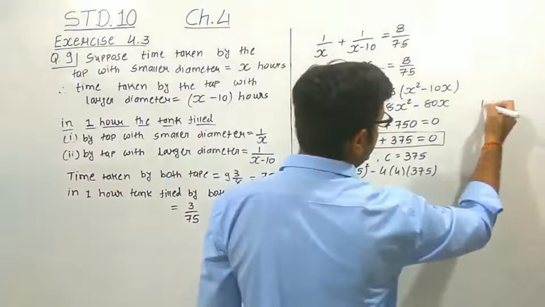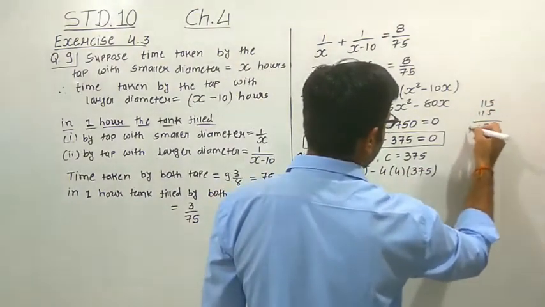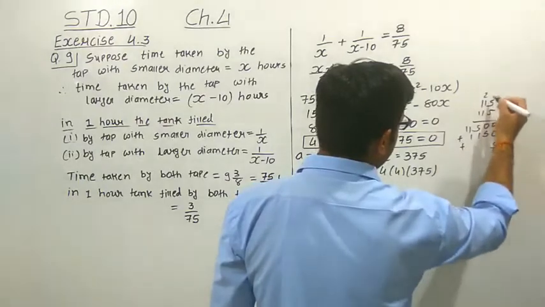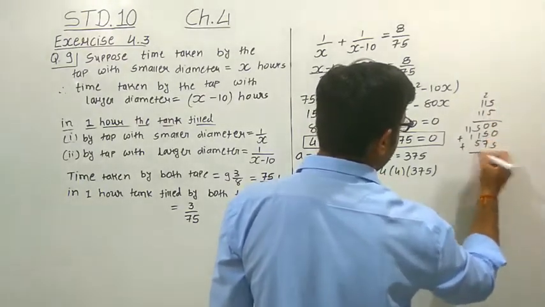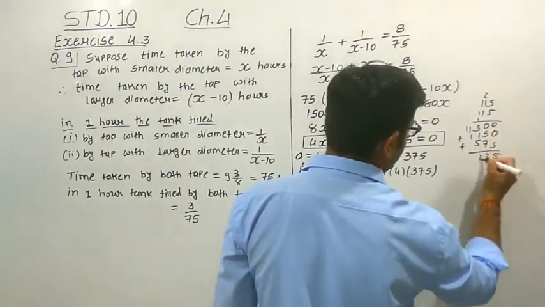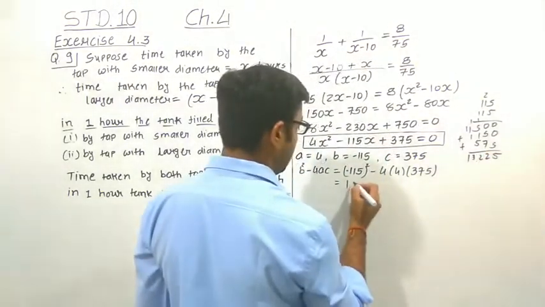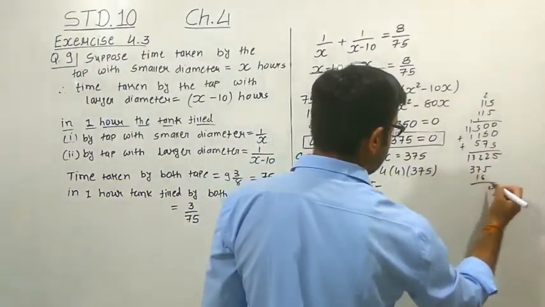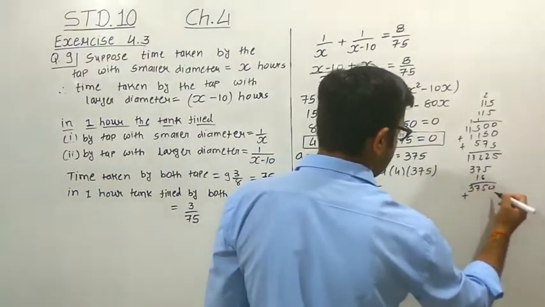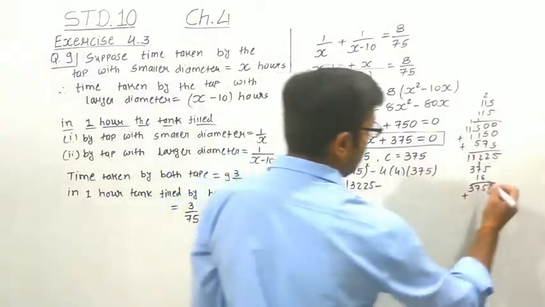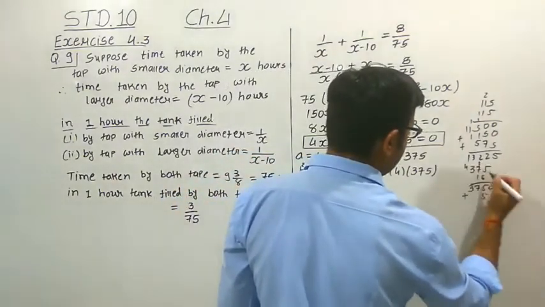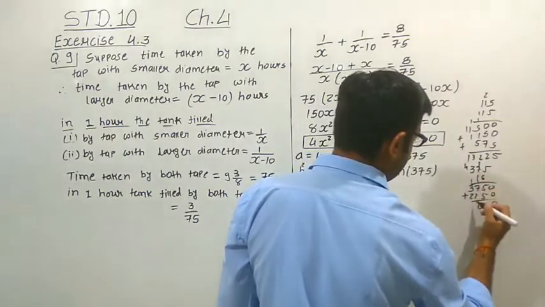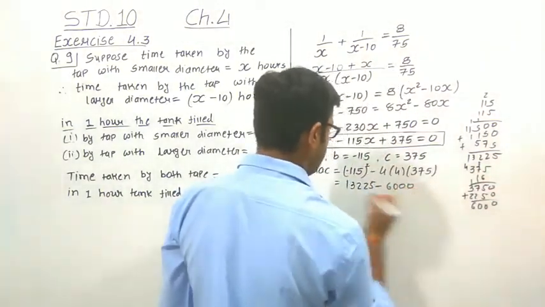So what is the square of 115? 115 into 115, that is 13,225. Minus 375 into 16, that is 6,000.